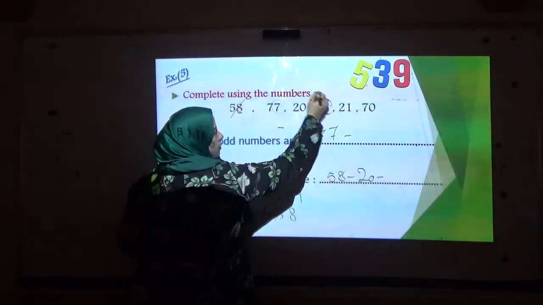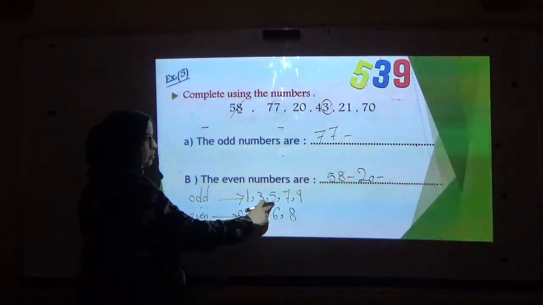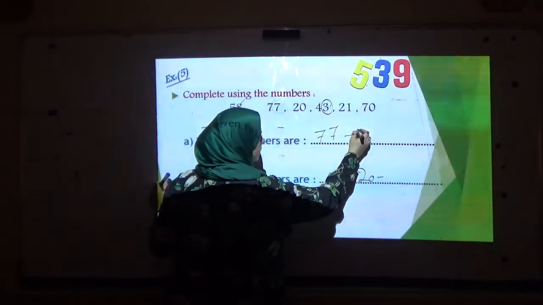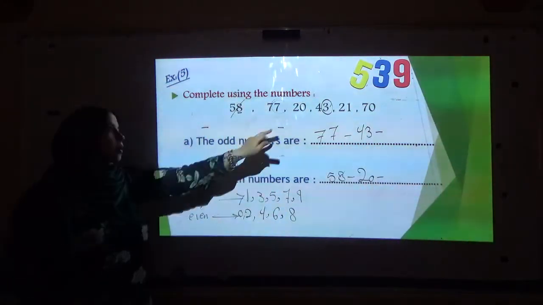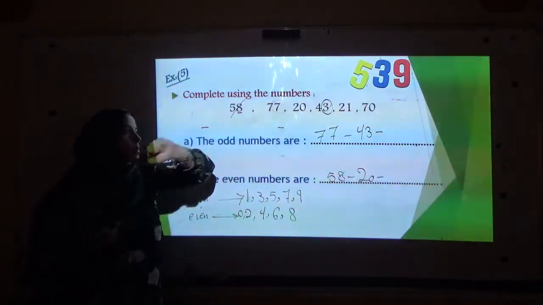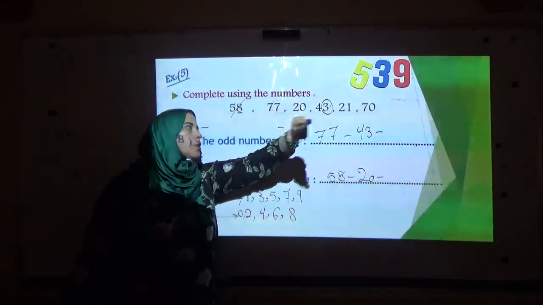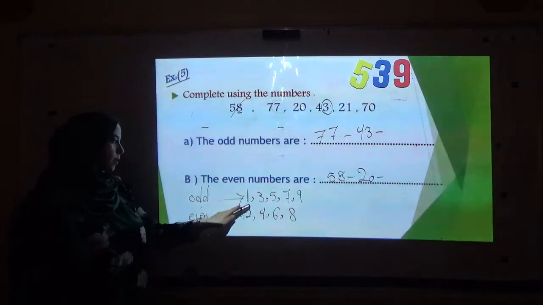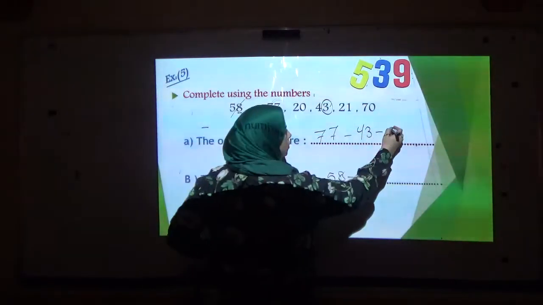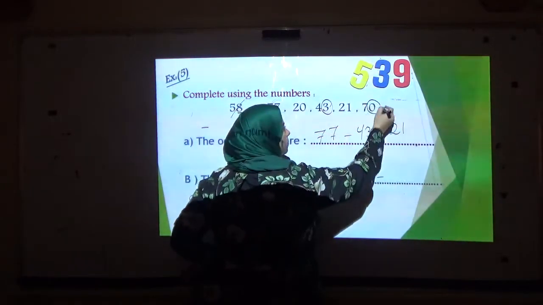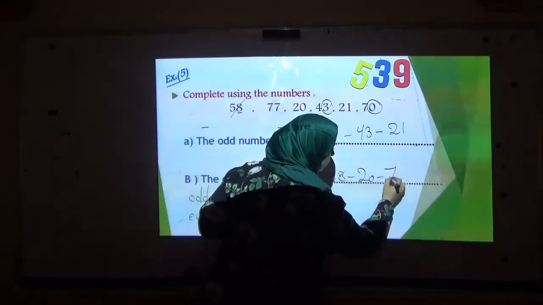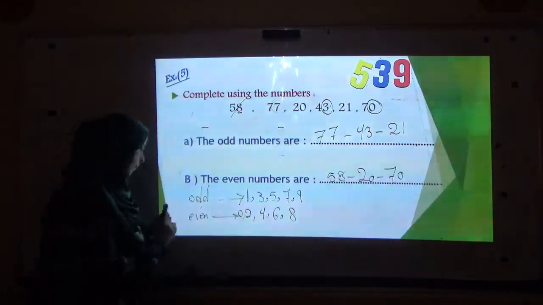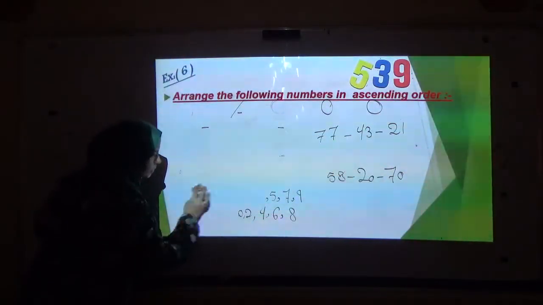The ones here is 3, so odd number. 21. The ones is 1, so odd number. Last number, 70. 0 is an even number. Next.